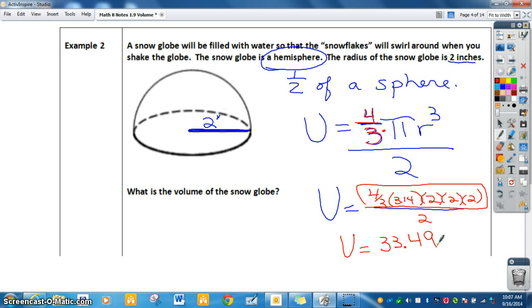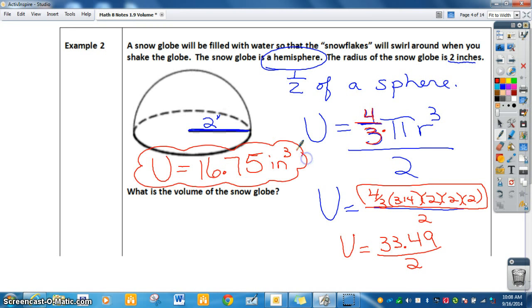And now we divide it by 2, because we only need half of it. Volume equals 33.49 divided by 2, which is 16.75. 16.75 what? Inches cubed. Excellent. Questions on that one?